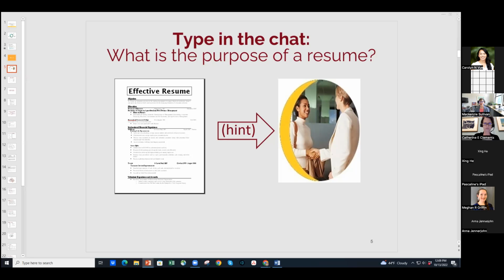Those are the basic things that go into the purpose of a resume. The reason I ask this question is because what I want to point out is a resume is a very effective tool for helping you get an interview. It does not get you a job. It gets you an interview along with, maybe some networking, doing some research, talking with people, but it is not intended to get you the job. And so there's a hard part about that: once you do the resume, then you actually have to do the interview too to get a job.